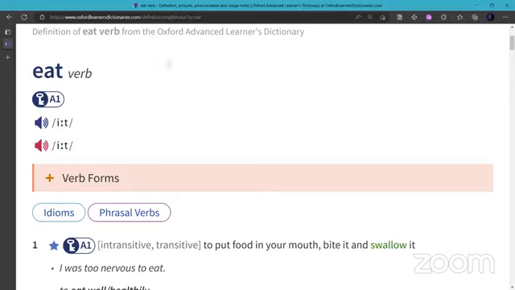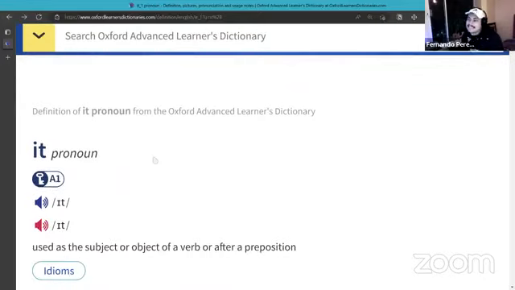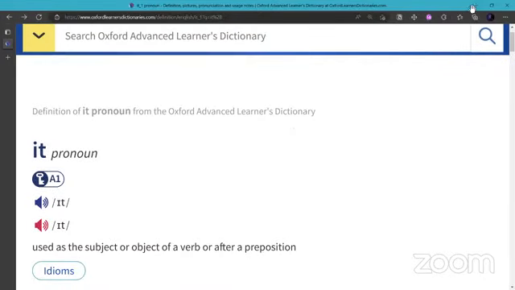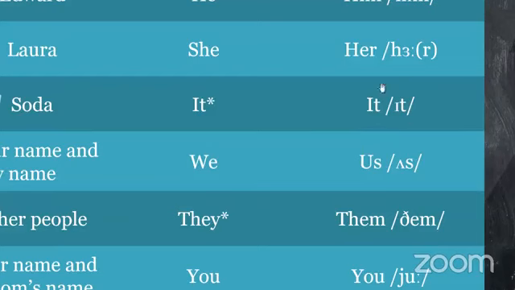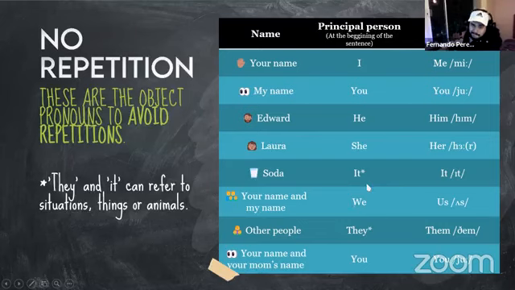So this is it and this is it. Everybody repeat. It. Correct. Yes or no? Yes. For the exam, especially for the speaking exam, you need to pronounce correctly. Super important. Okay?